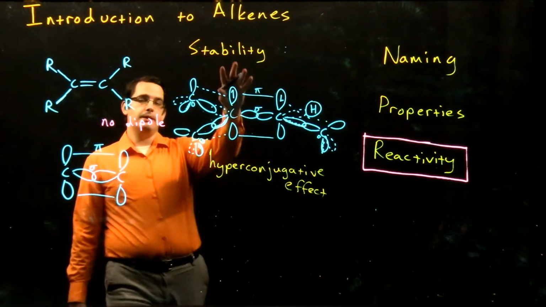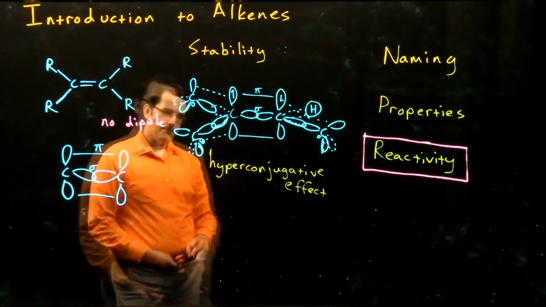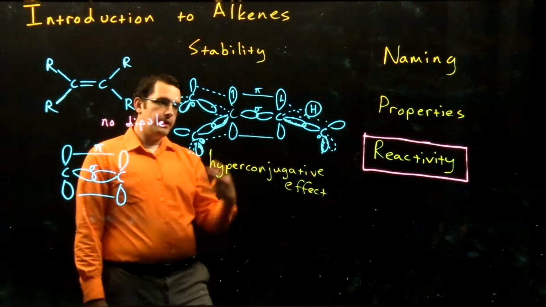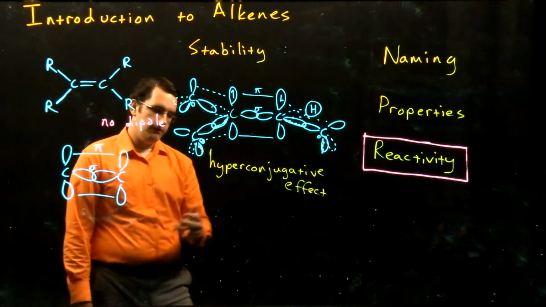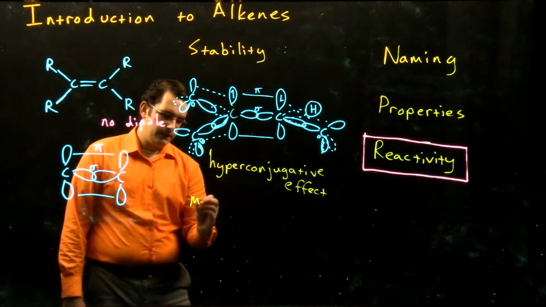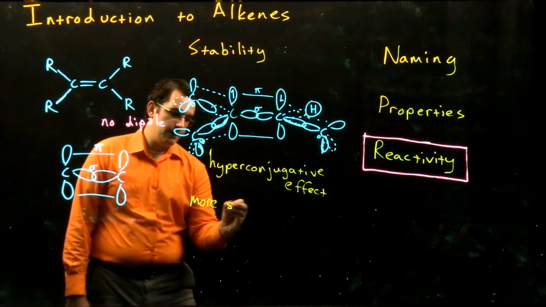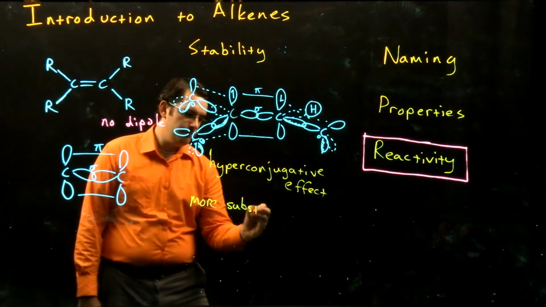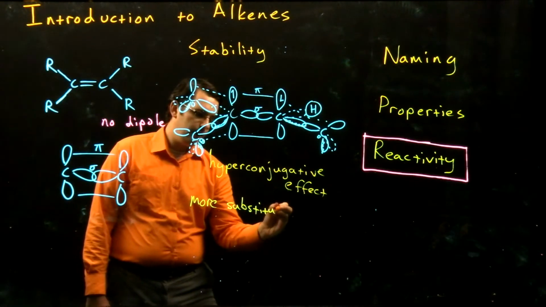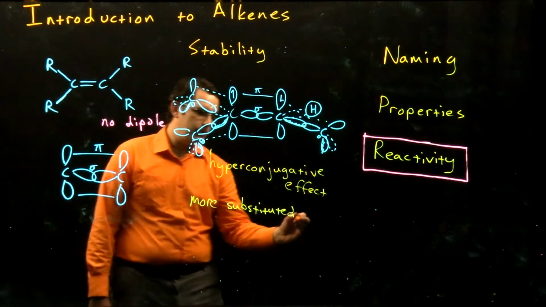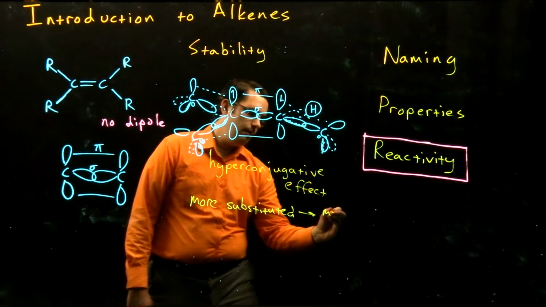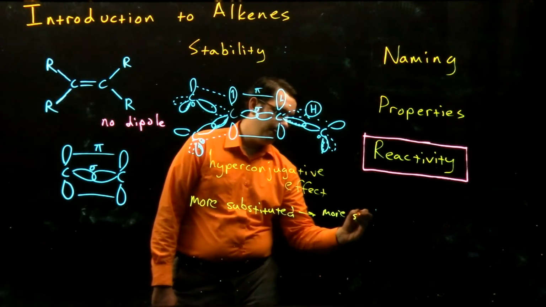That increases the stability overall of our alkene. So as we add on more carbons, we're increasing the stability of our alkenes. So we can say that a more substituted alkene, an alkene that has more carbons attached, will be more stable.